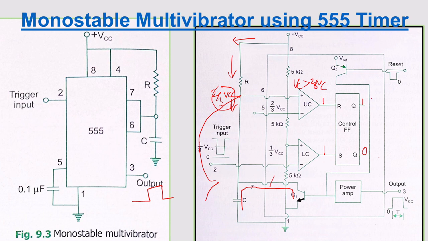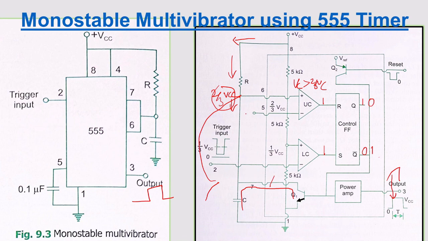So this is 1, which means this will be 0, then this will be 1. This is given to the transistor, it is connected again, so it will discharge. So the charging period will be like this, and this is the discharging. This is the corresponding output. So this is a reset. I will explain in the coming slides.